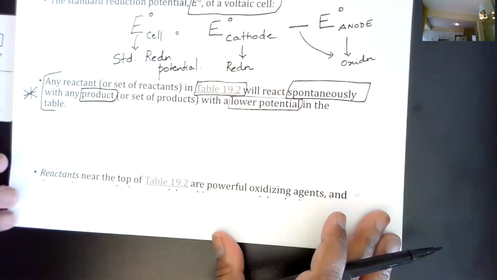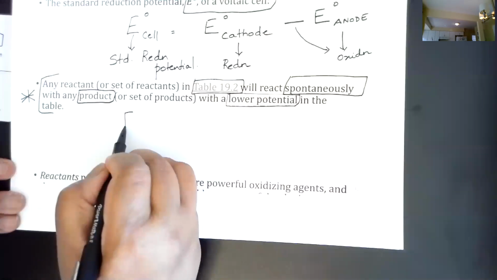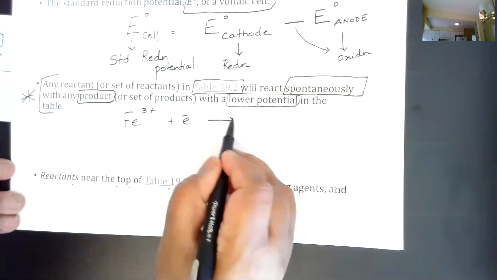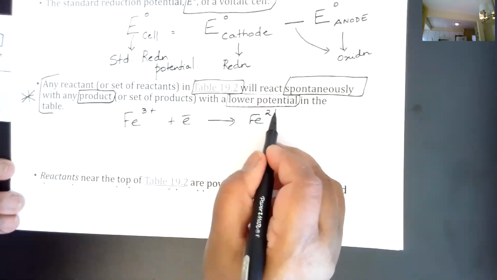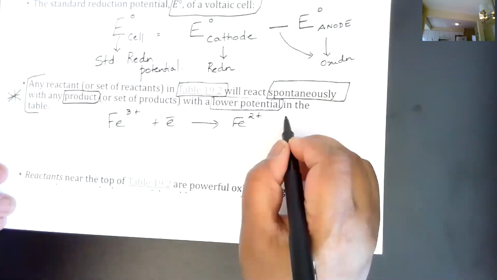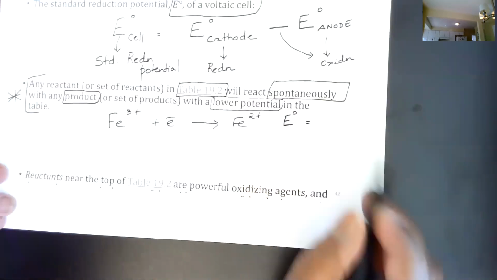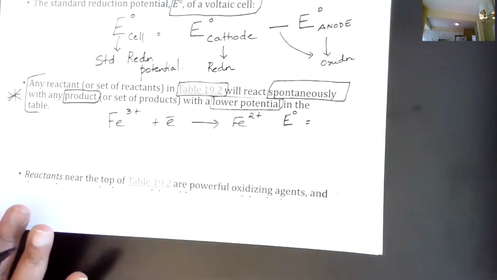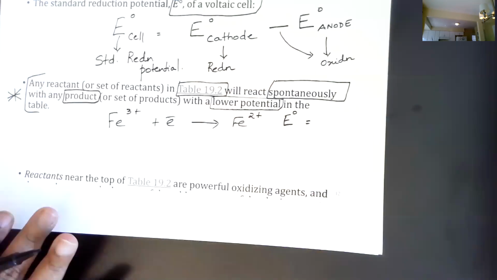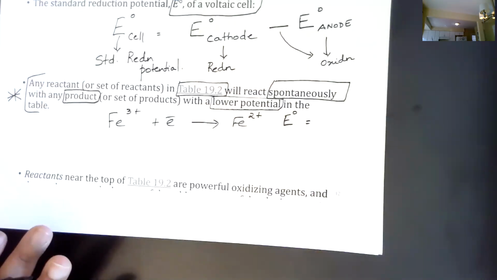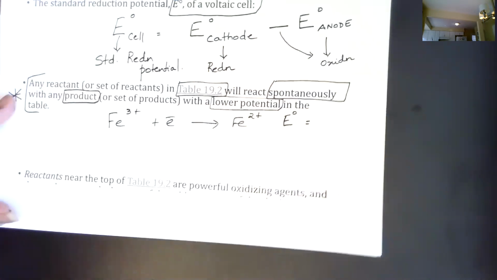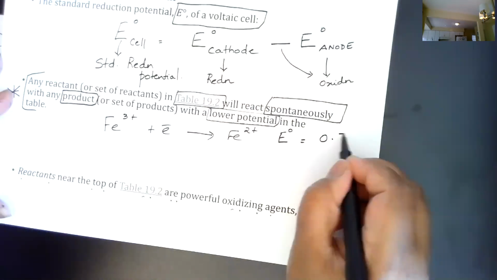I'll give you an example. Fe3+ plus an electron gives Fe2+. Can you find the E0 value for this from your table? Fe3+ to Fe2+. Is it given in your table? Yes. 0.77. Yes. So this is positive, okay?